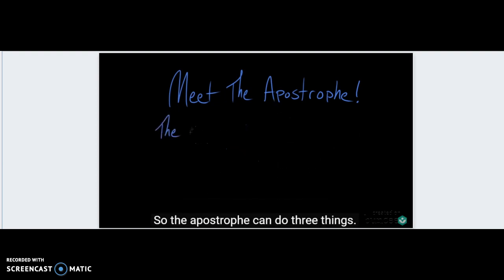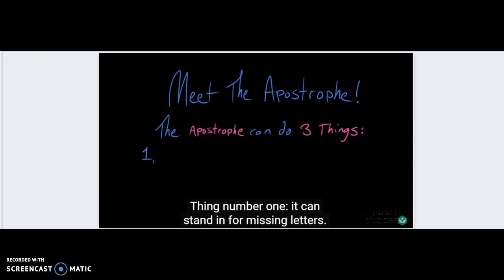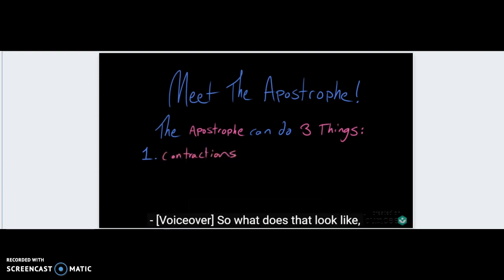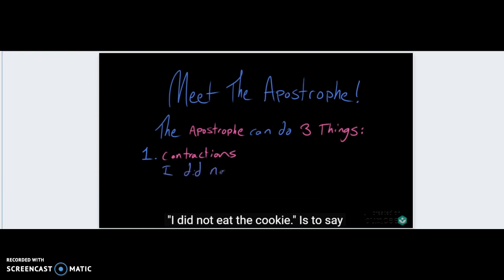So the apostrophe can do 3 things. Thing number 1, it can stand in for missing letters. So when an apostrophe stands in for missing letters, that's called a contraction. So what does a contraction look like in context? Another way to say something like, I did not eat the cookie, is to say, I didn't eat the cookie.